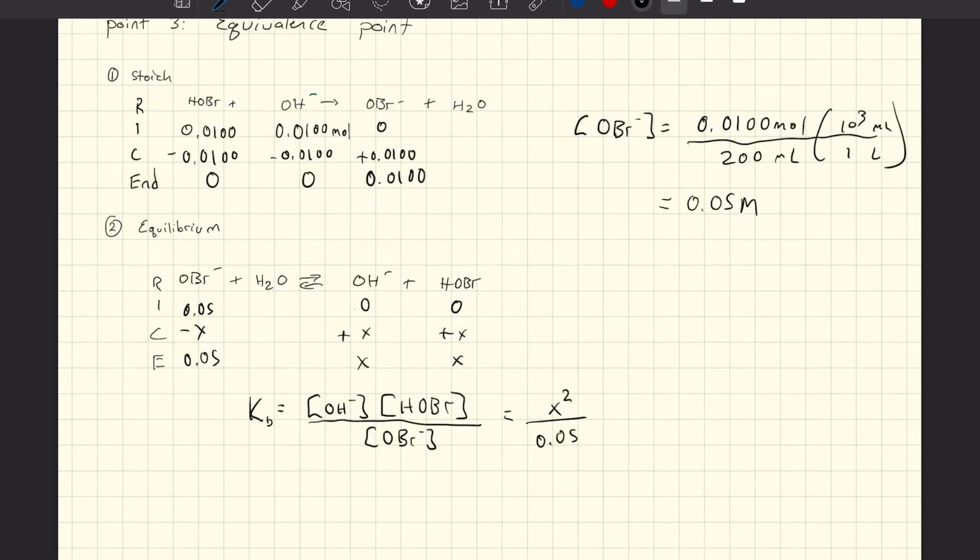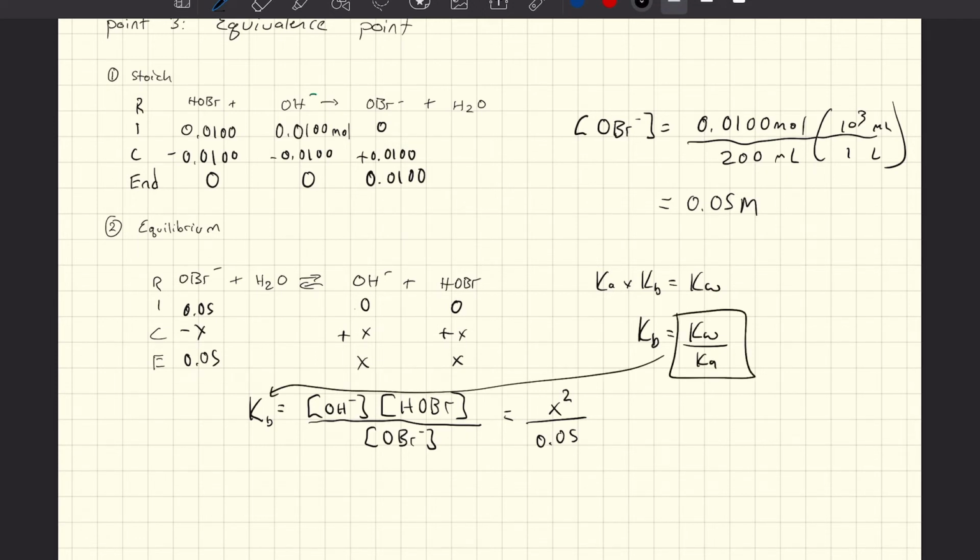We don't have this Kb value. So we have the acid ionization constant. We don't have the base ionization constant. So we need to use the identity that Ka times Kb equals Kw. And so Kb equals Kw over Ka. And then we can take this, we can substitute it in for Kb. We get Kw over Ka equals x squared over 0.05.